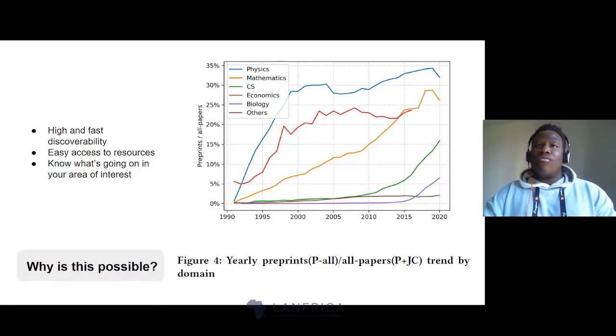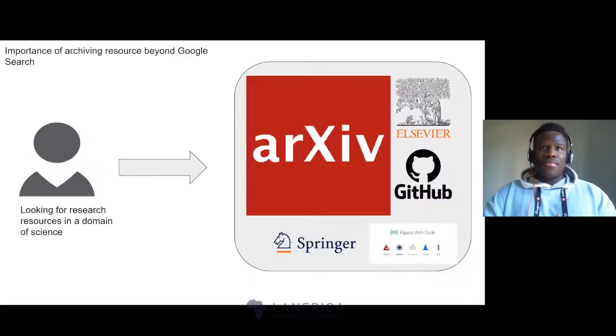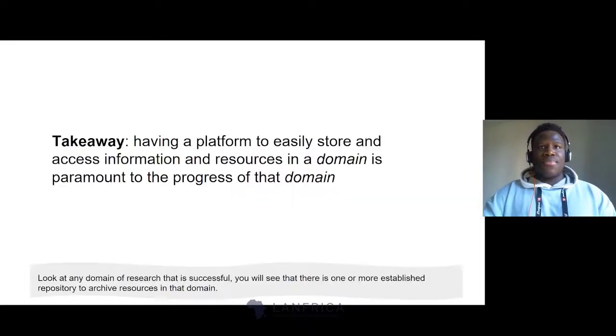I asked myself, why is this possible? Why is it possible for these fields of science to advance? The simple reason is because there exist numerous platforms that catalog and archive these scientific papers, datasets, resources, etc.